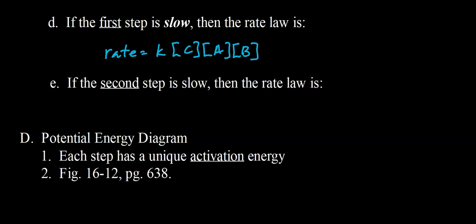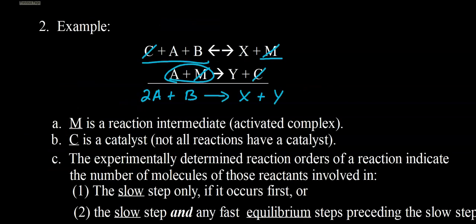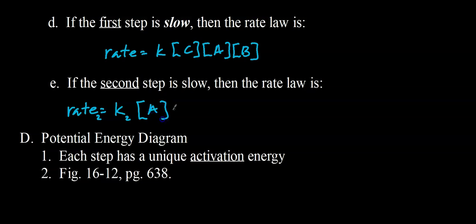So don't write this. Actually, we can write a couple things here. So let's write the rate law for the second step. This is not the rate law for the reaction. Rate of the second step is equal to the rate constant for the second step times, we go back to our equation here, concentration of A times concentration of M. Well, the concentration of M depends on C, A, and B. So what I'm going to do is substitute for M into the rate law.